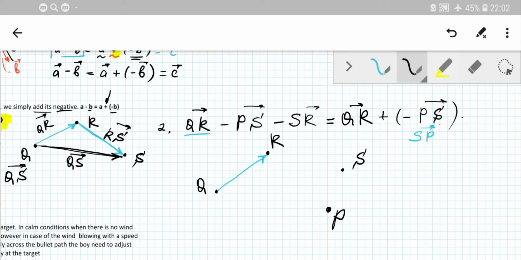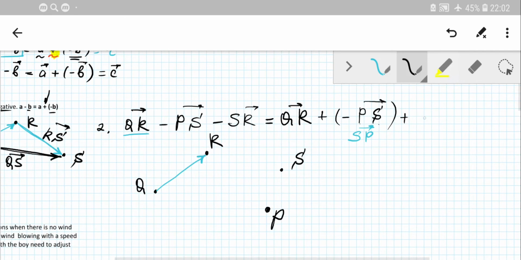So also we add negative SR, which simply becomes, I'm again swapping the points, RS, to get this vector as the opposite, and RS becomes the vector that we're actually looking for.